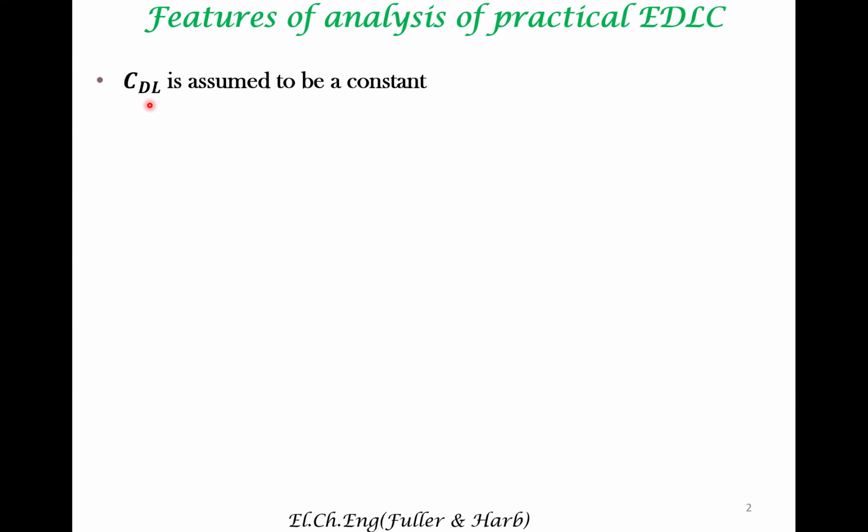Is this assumption reasonable? If you go back and look at the various models which we have analyzed, that is the Helmholtz model, the Gouy-Chapman model, and the Stern model, we do have a scenario wherein this is possible.